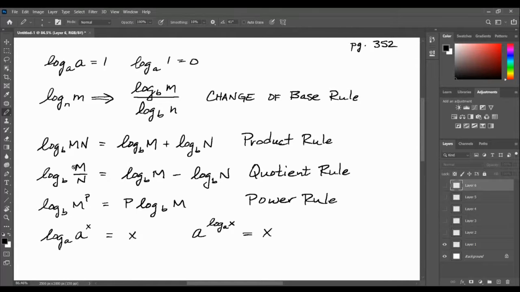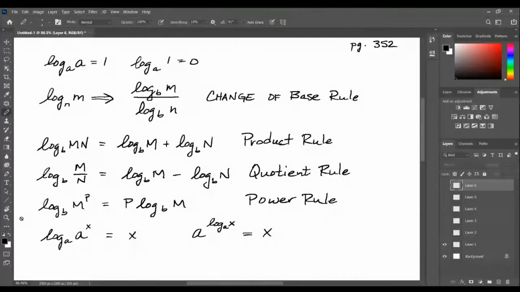Here a log of a quotient becomes the difference of logs. The log of a product becomes the sum of logs, and vice versa. The sum of logs becomes the log of a product. The difference of logs becomes the log of a quotient. If you've got some coefficient on your logarithm, you can raise that coefficient up as an exponent to the argument.